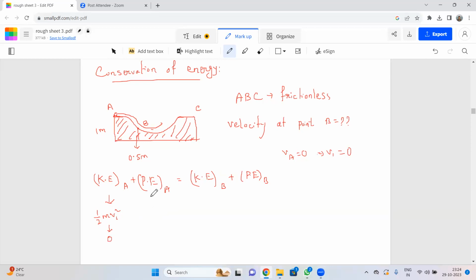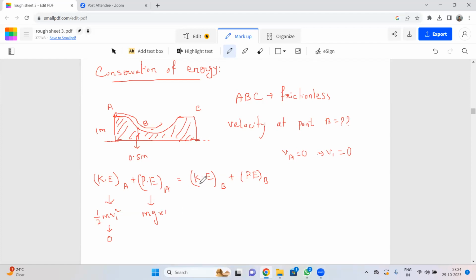What is the potential energy at this point? mgh, m into g into height, which is given as 1 meter. So let us write here 1.